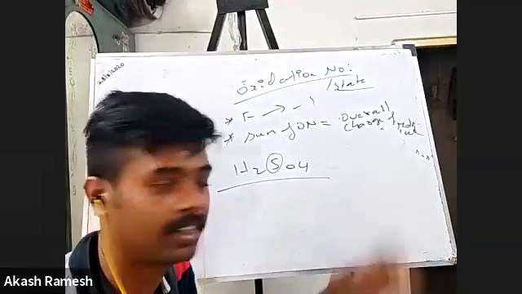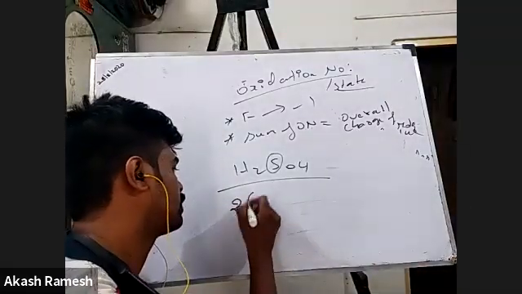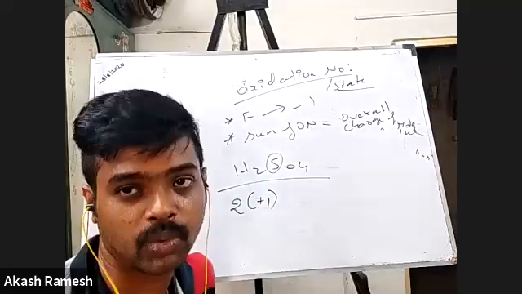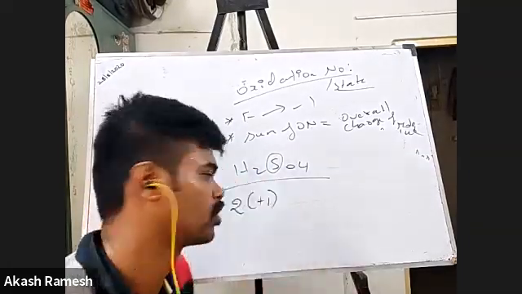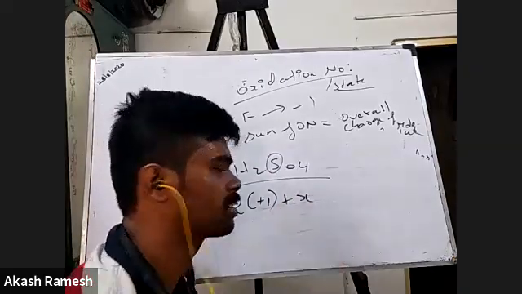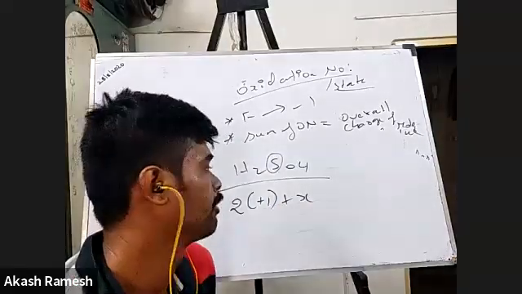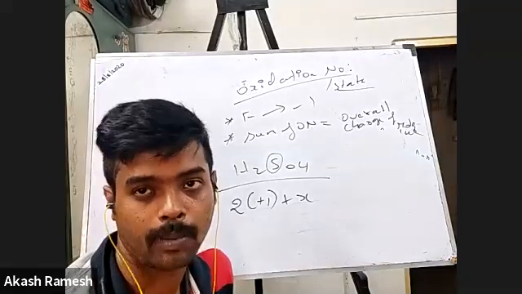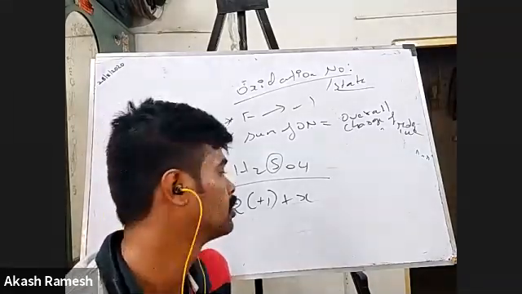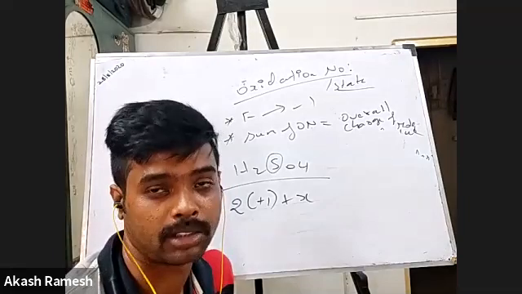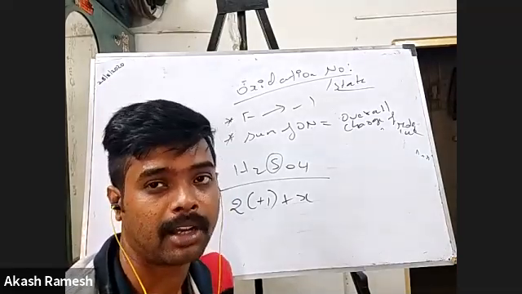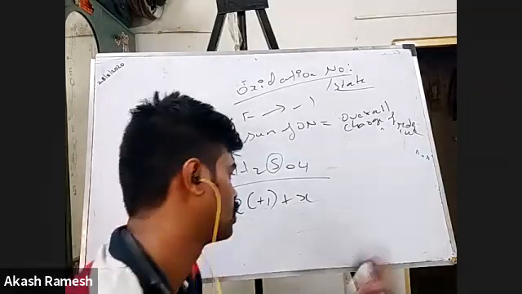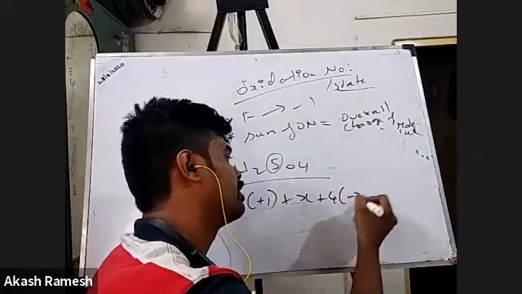For sulfur, there is only 1 sulfur, so I'll put x. For oxygen, it is a normal oxide, so the oxidation number is -2, and there are 4 such oxygen atoms, so I write 4 into -2.